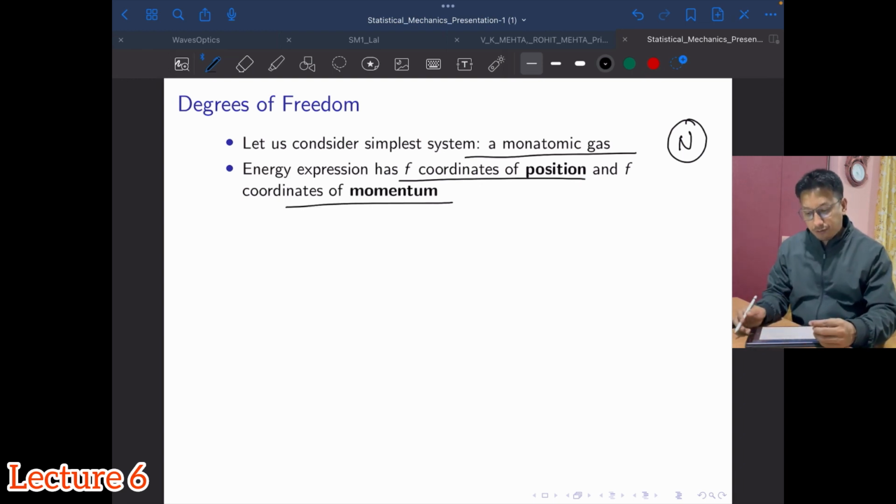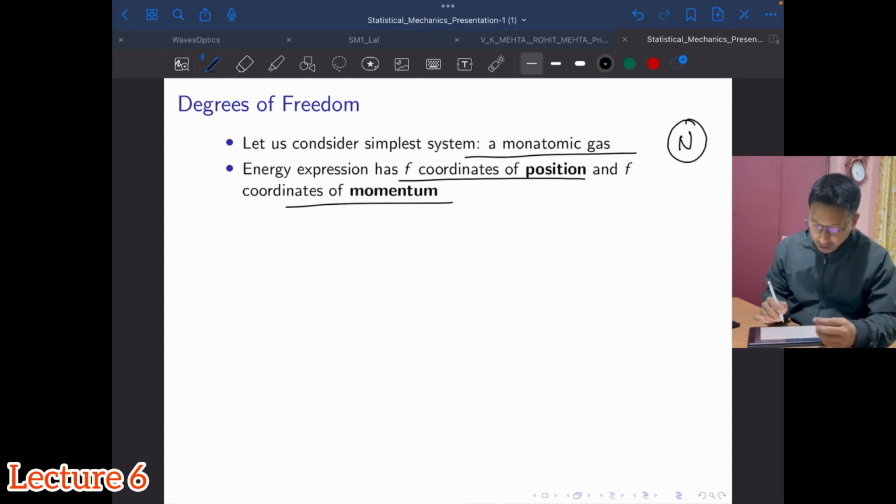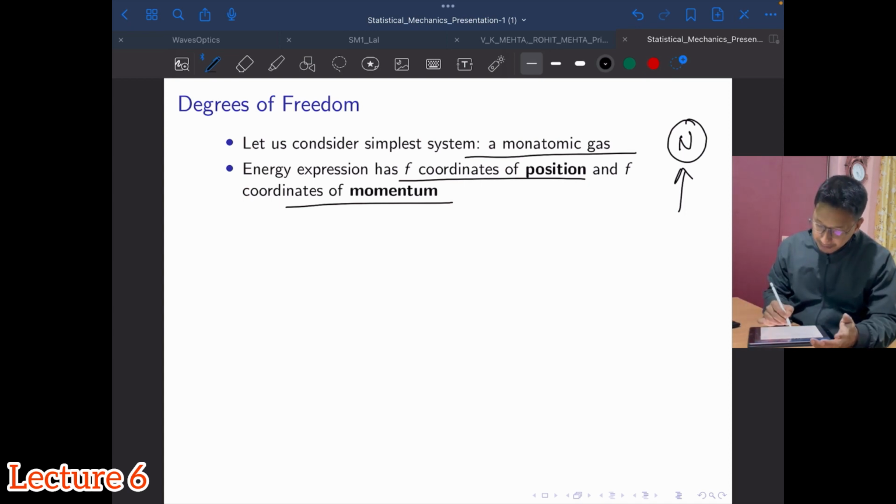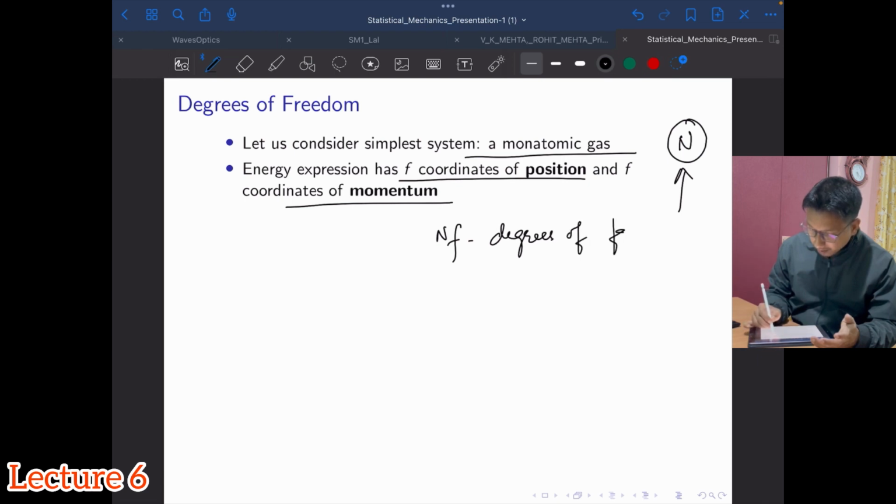So for each molecule, I say there are f degrees of freedom. Since the system consists of n particles, I will say that the system has nf degrees of freedom.